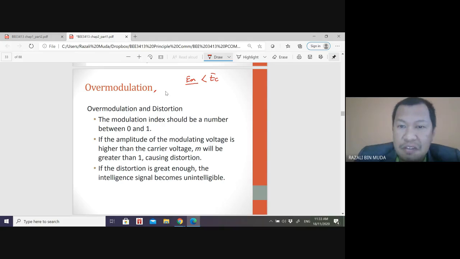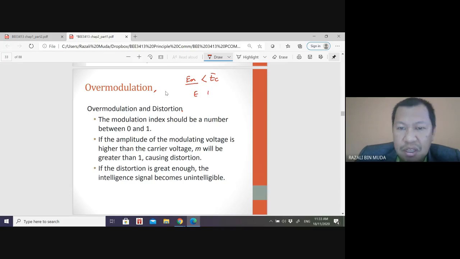So what happens if this does not happen? One thing that might happen is over modulation. Over modulation and distortion. The modulation index should be a number between 0 and 1. If EM is equal to EC, the number should always be less than 1.